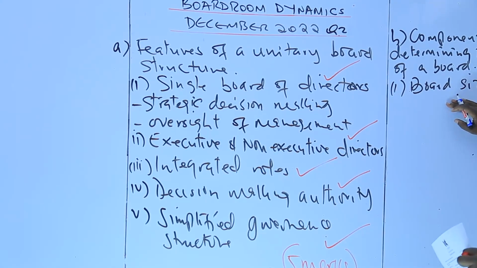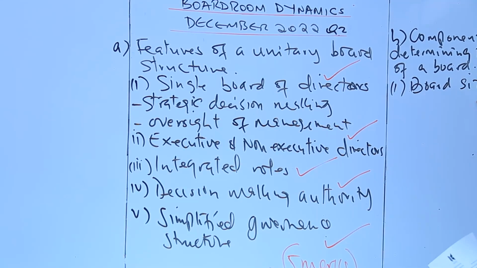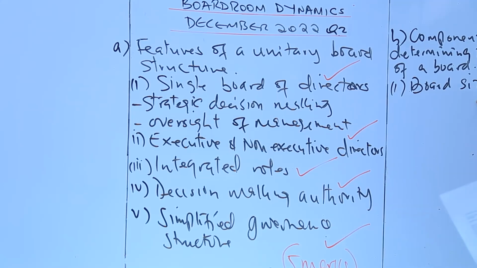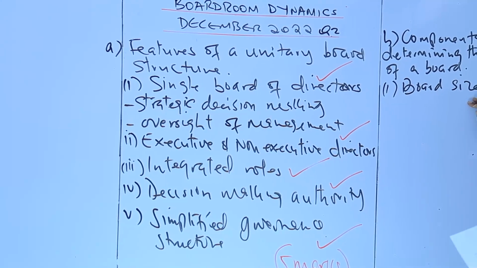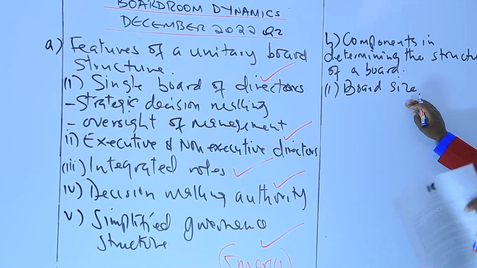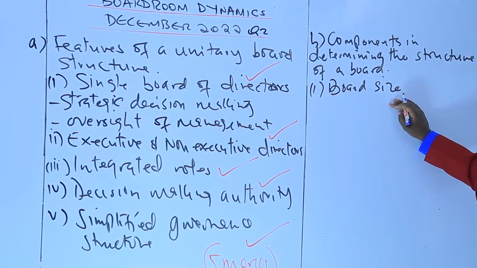The board size is an important component of the board structure. Board size refers to the number of the directors who will sit on the board. The size should strike a balance between having enough expertise and diversity while ensuring effective decision-making and communication.